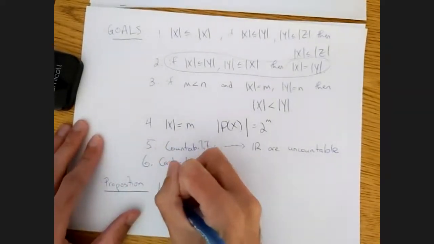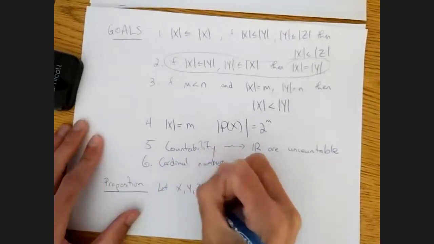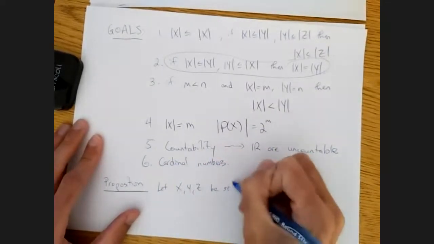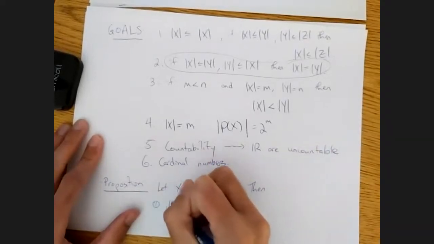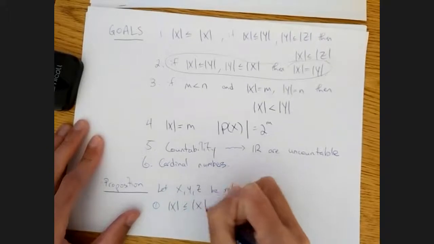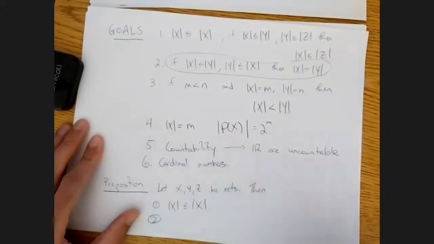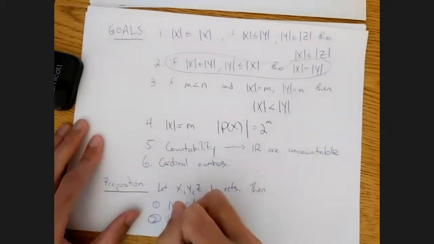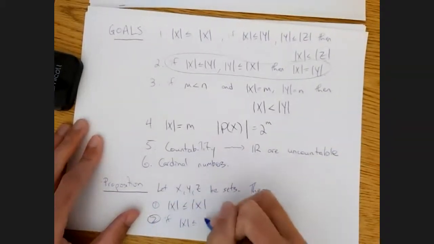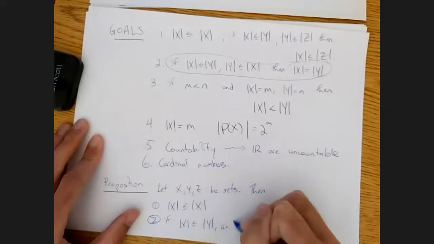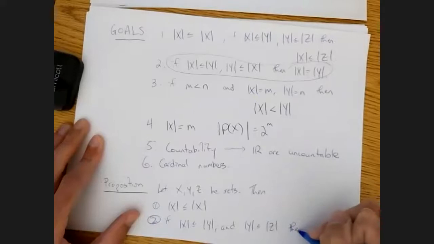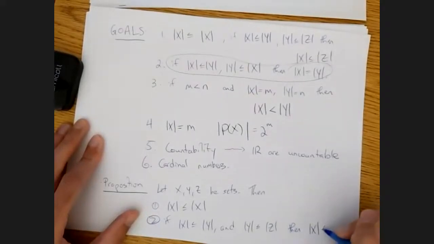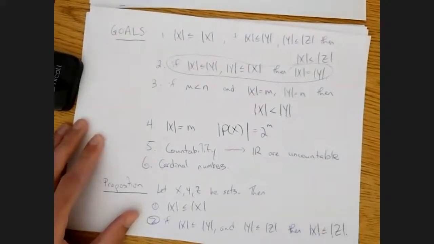Let x, y, z be sets. Then the cardinality of x is less than or equal to the cardinality of x. If the cardinality of x is less than or equal to the cardinality of y, and cardinality of y is less than or equal to the cardinality of z, then cardinality of x is less than or equal to the cardinality of z.